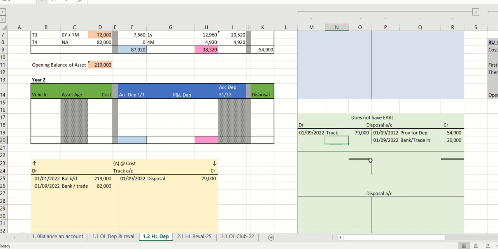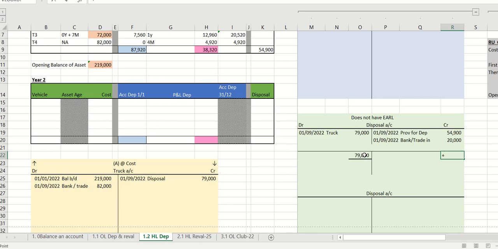So the reason we do them is to figure out if you made a profit or a loss on a disposal. It is not to do a balance CD, balance BD situation. So we're going to add up both sides to decide which side is the biggest. 79 is the biggest in this situation. So it means we've made a loss on disposal actually.